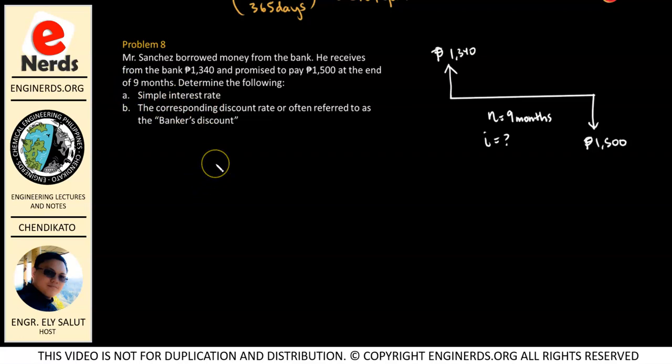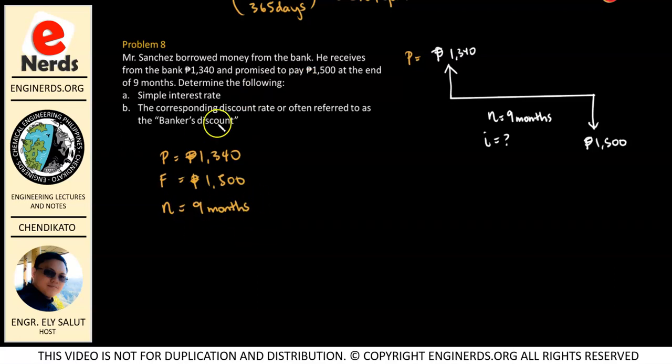So let us write our givens. We know our P, our principal, what we borrowed, which is 1,340. We know our future amount, which is 1,500. And we know our N, which is 9 months. We are not very specific here, as no date was mentioned, so we will be using the banker's calendar.